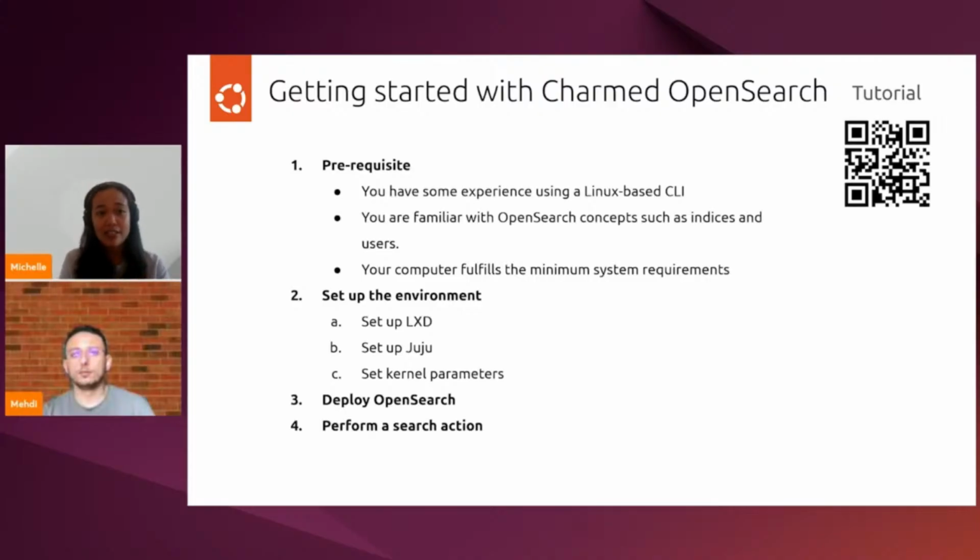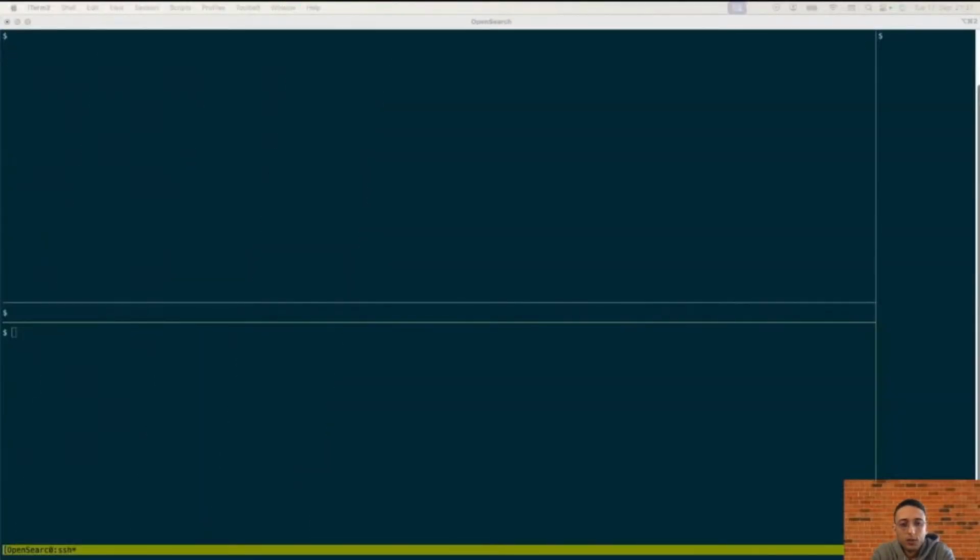All of this is in the tutorial. Now I'll turn it over to Mehdi to showcase how to deploy OpenSearch and perform a search action, and how fast it is to use Charmed OpenSearch. This demo assumes an already existing Juju setup and installation.